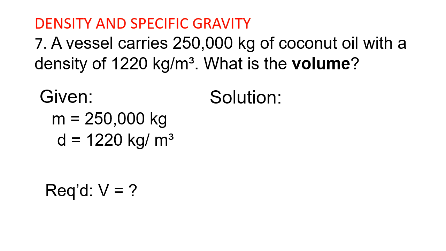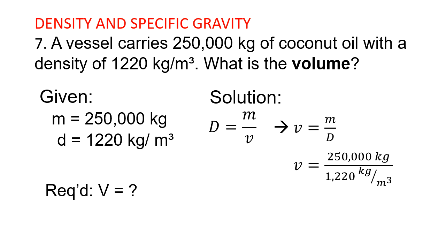Now, again, from the previous problem, we already know that density is mass over volume, and to transform the formula for volume, we have volume equals mass over density. So let's substitute. Mass is 250,000 kilograms and density is 1,220 kilograms per meter cube.